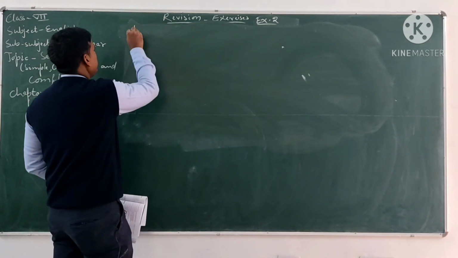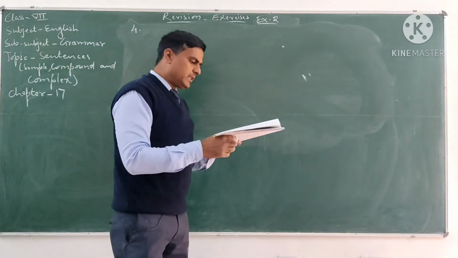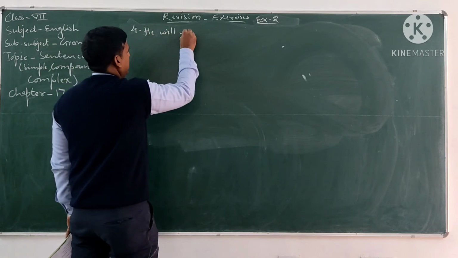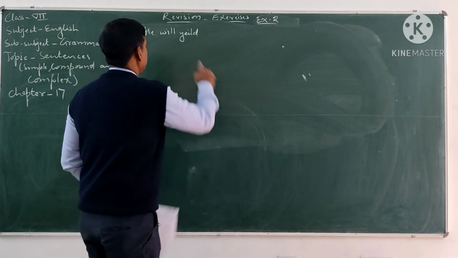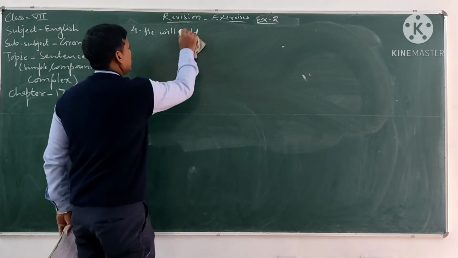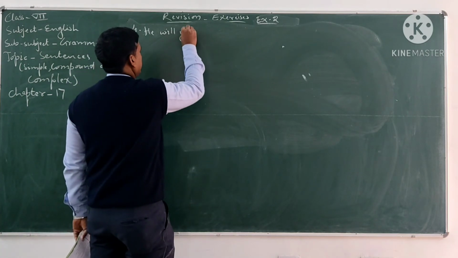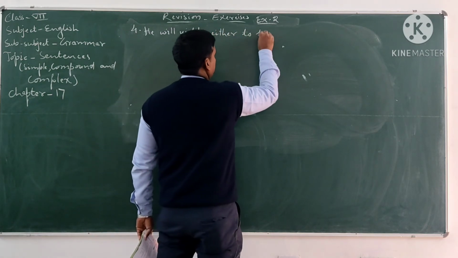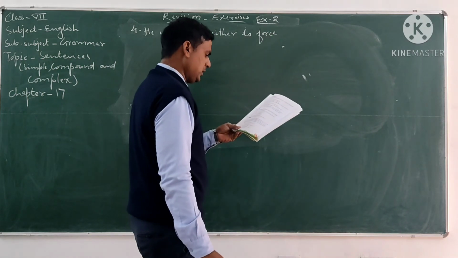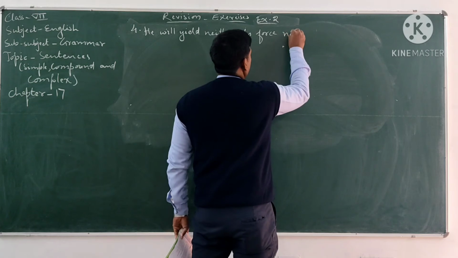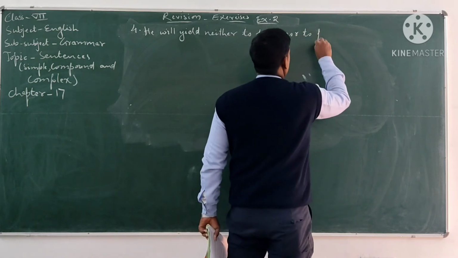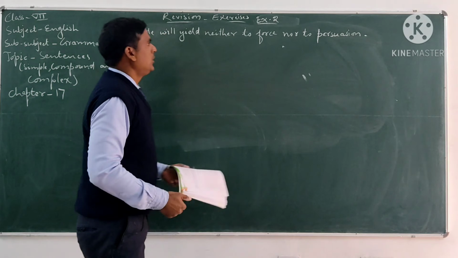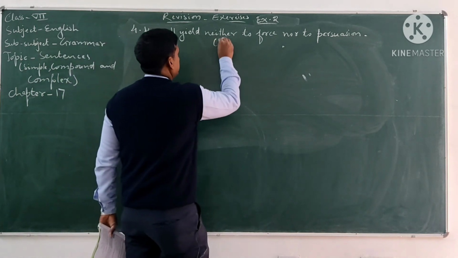Sentence number 4 is: He will yield neither to force nor to persuasion. So this is a compound sentence.